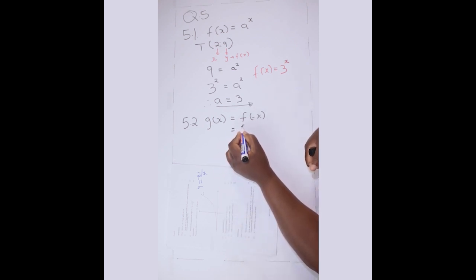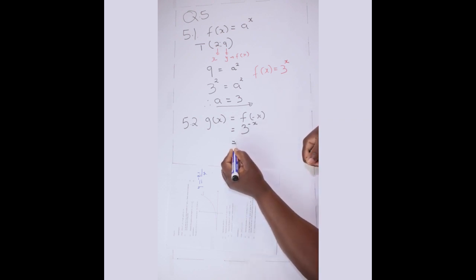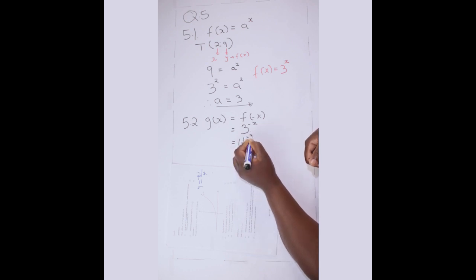So that is going to be 3 to the negative x instead of 3 to the power x, and that can be written also as (1 over 3) all to the exponent x, and that becomes a decreasing exponential graph. That is 1 mark, and you could have got it just like that by replacing the x value.